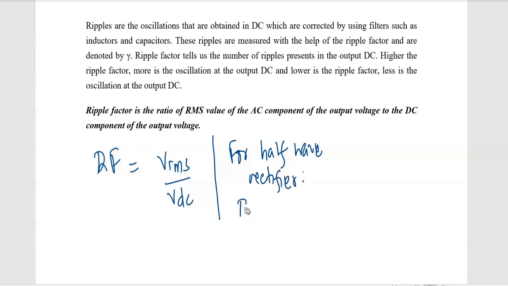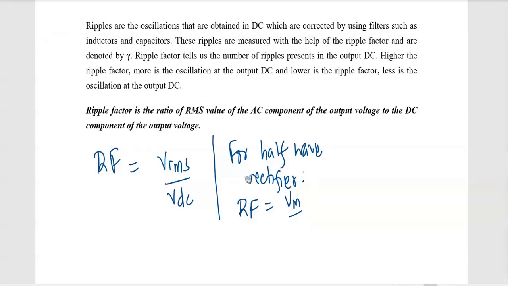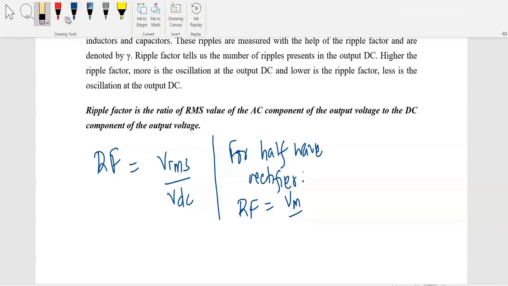The ripple factor is going to be VRMS over VDC. VRMS for a half wave rectifier is the same as Vm divided by 2.